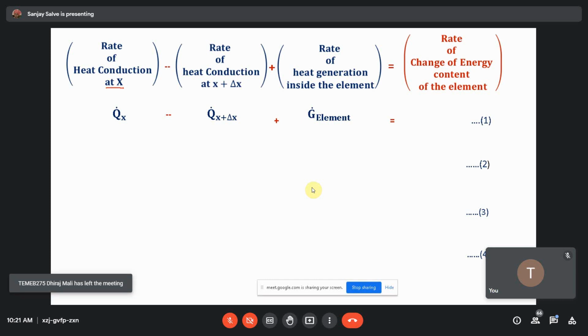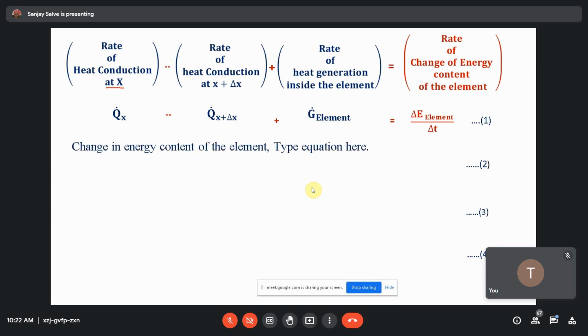How do you identify that? Quick formula: m Cp delta T, mass into specific heat into temperature difference, with respect to small time t. When it is unsteady state, we have to write time t. If it is steady state, then m Cp delta T. So here it is delta E element by delta t.